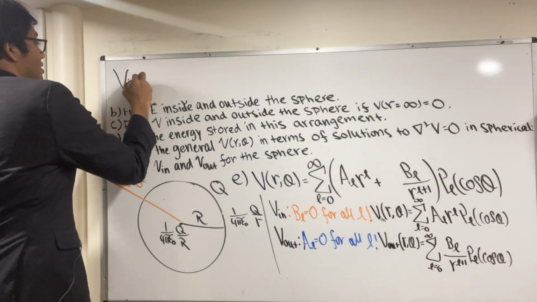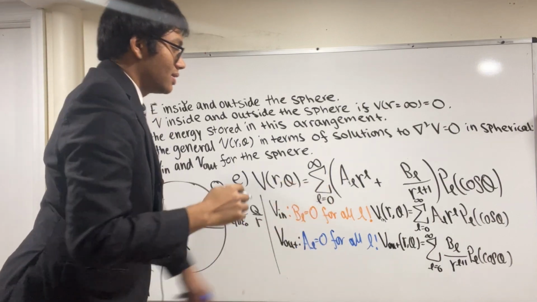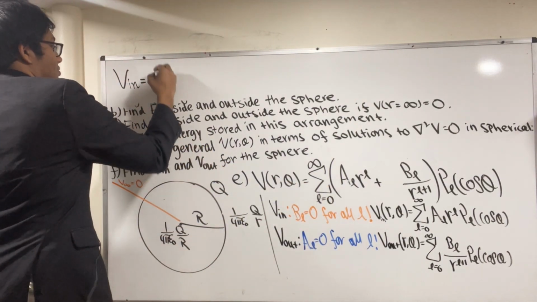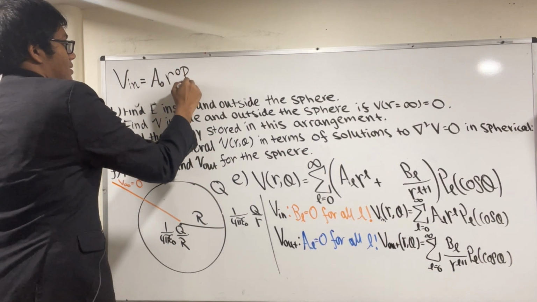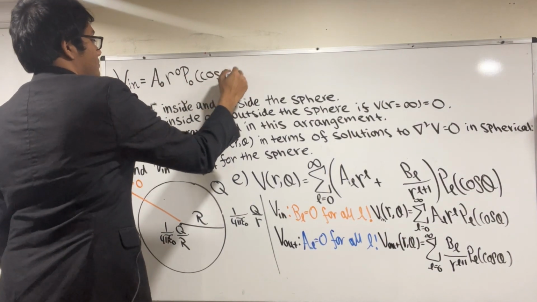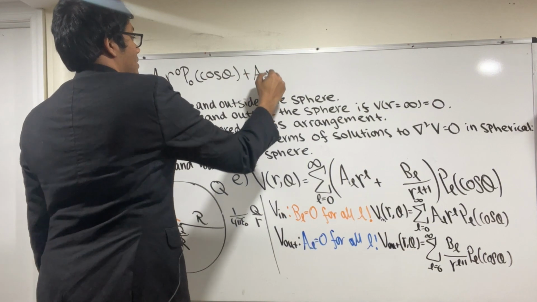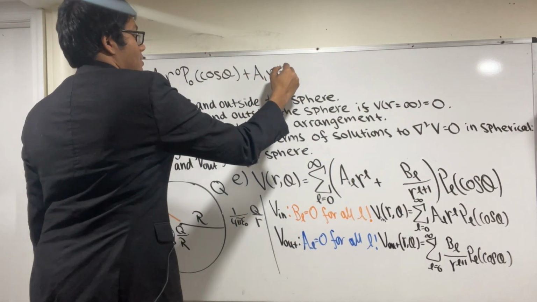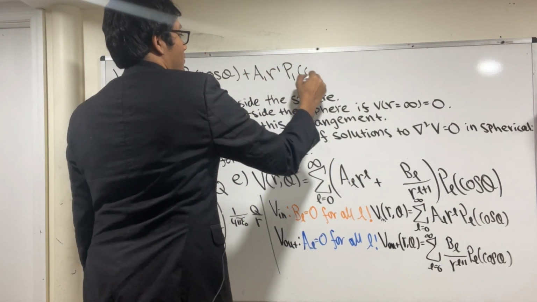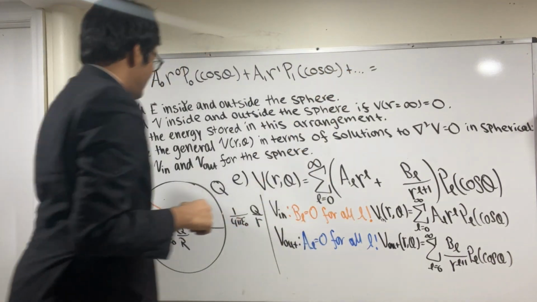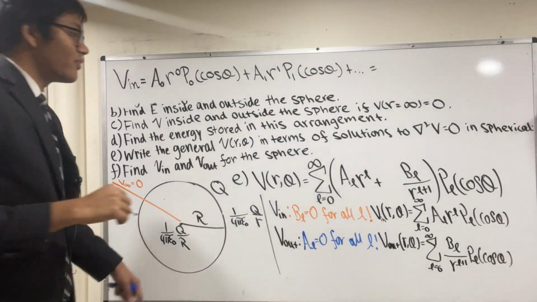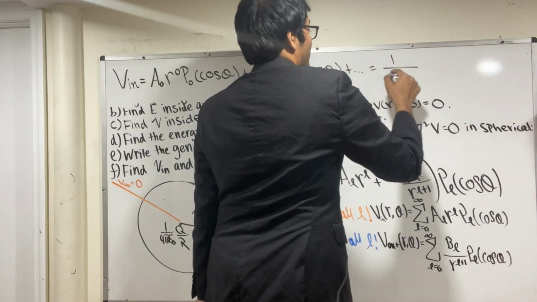Our L equals 0 and L equals 1 terms for the potential inside are going to be A sub 0 r to the 0 P sub 0 of cosine theta, plus A sub 1 times r to the 1 times P sub 1 of cosine theta. And perhaps we'll need more terms. All of this has to equal 1 over 4 pi epsilon naught Q over capital R.